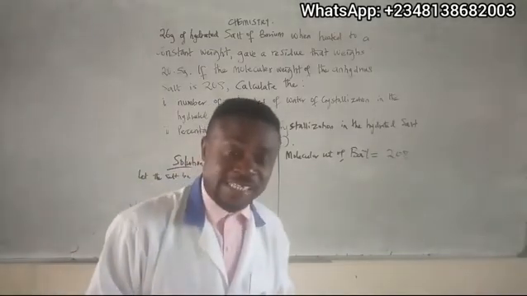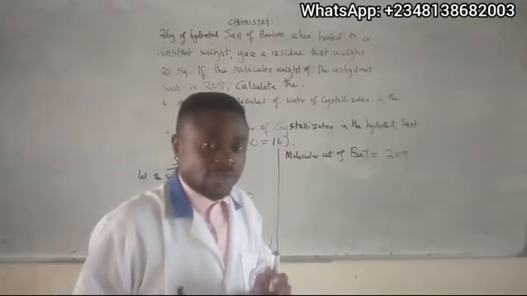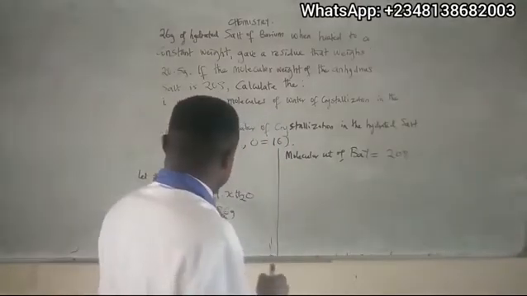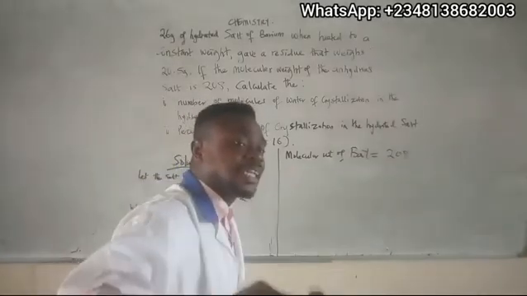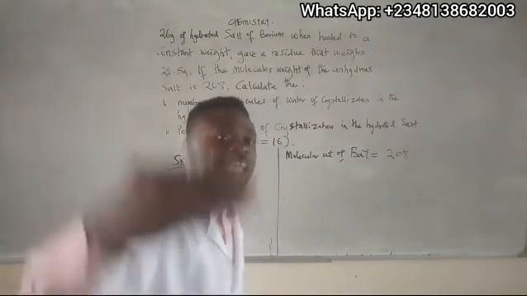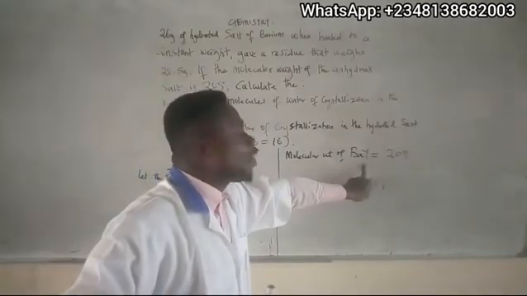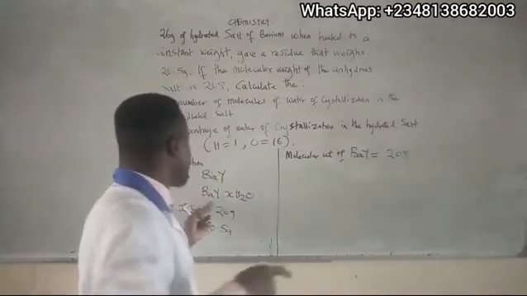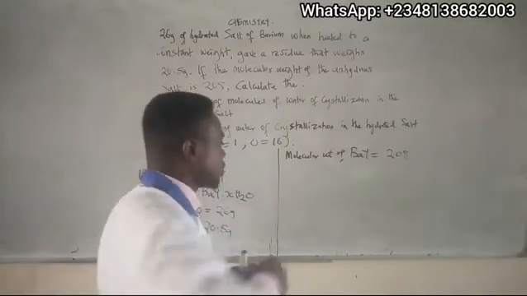The hydrated salt contains the anhydrous salt plus water of crystallization. We already know the molecular weight of BAY, but we need to calculate the molecular weight of the water of crystallization, then add it to the molecular weight of BAY.